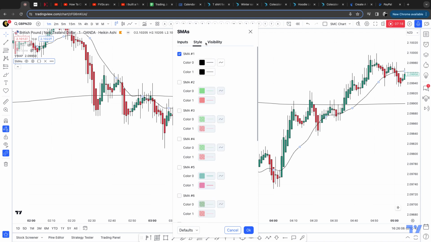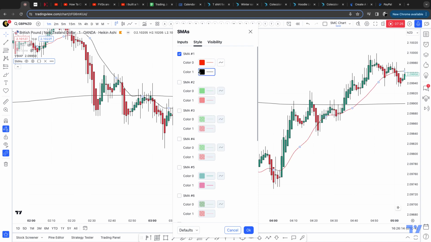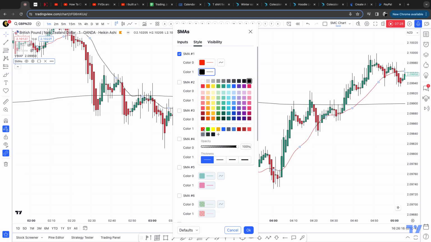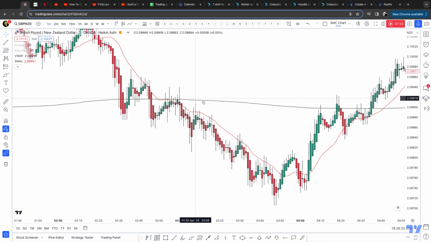I'm going to change the color of the moving average to red. So we can see the black line is the VWAP and the red line is the 20 simple moving average.